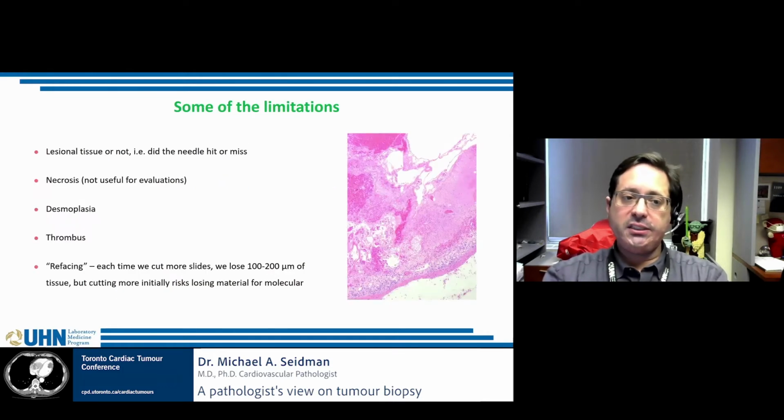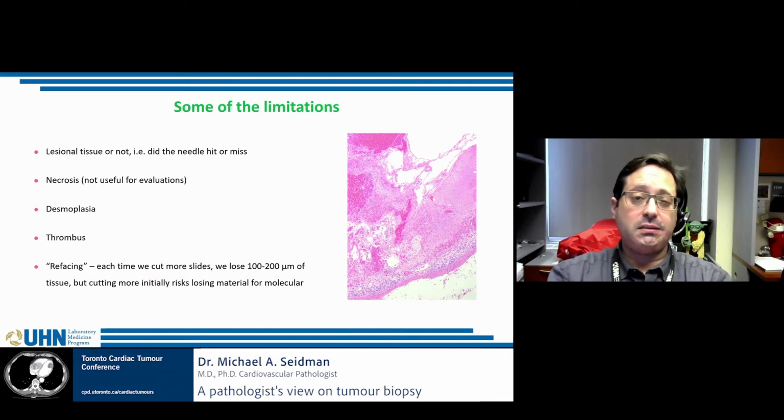So some of the limitations we face that perhaps are the most important in considering the nature of the biopsy to be performed is one of the biggest limitations is, did the tumor get sampled? And this is limited both by the things that are listed below this, as well as the fact that identifying the tumor itself can obviously be challenging without direct visualization.